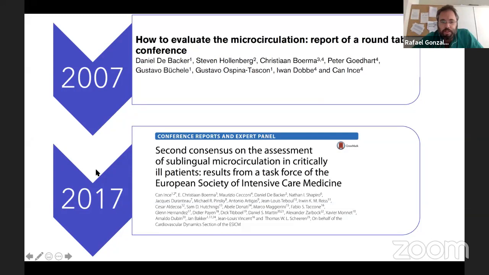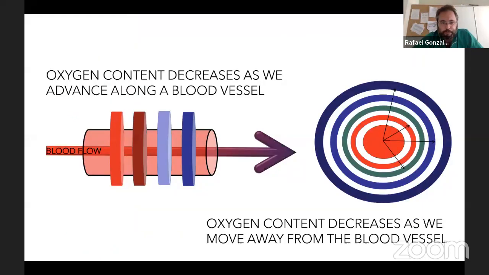The last one was published in 2017, and it is an update of the previous one, and there they describe the different parameters that you have to evaluate when you are looking at microcirculation images.